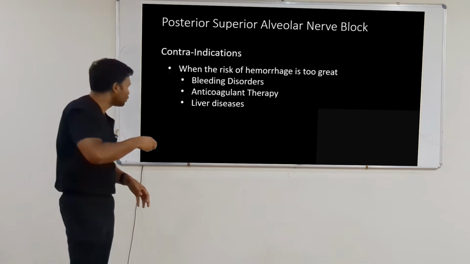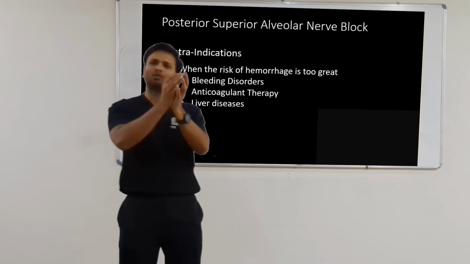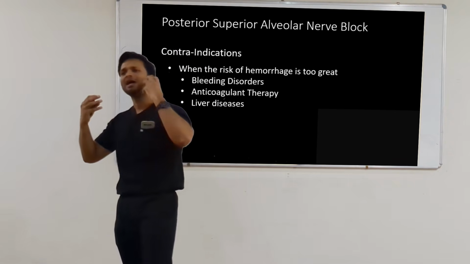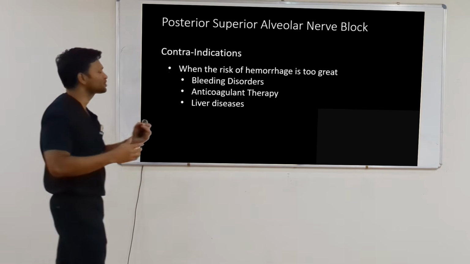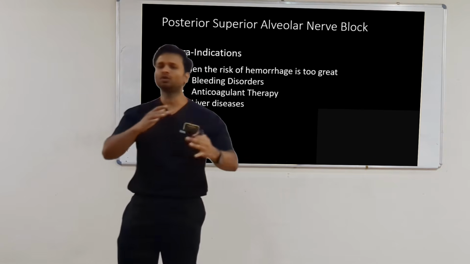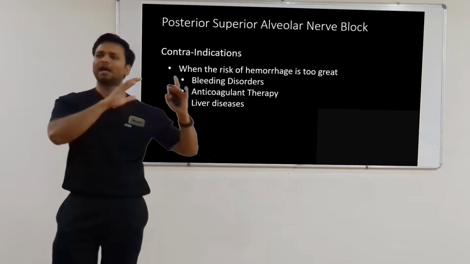If you don't have those clotting factors, clot formation will not happen, the hematoma is going to increase in size indefinitely, and it might endanger the patient's life. So in such cases where the risk of hemorrhage is high, you're not going to give a PSA nerve block. The same goes for the maxillary nerve block by the high tuberosity approach.